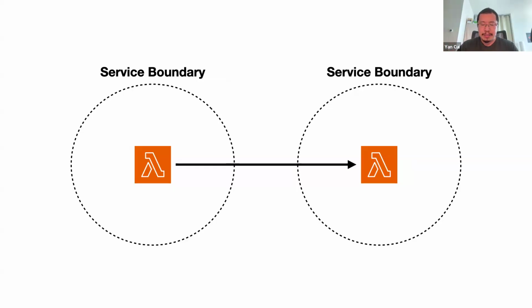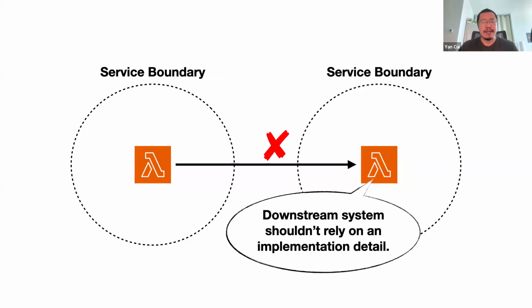But the problem with using Lambda as the API to your service is that you're coupling your caller to implementation details that they shouldn't have to worry about: the fact that you're using Lambda to begin with, the fact you're running in a particular account and region, the name of your function, and so on. When you change any of those things, and you should be allowed to change all of those things without impacting anybody else, if you just say, okay, I want to rename that function, now suddenly everybody that relies on your service has to change their code as well.